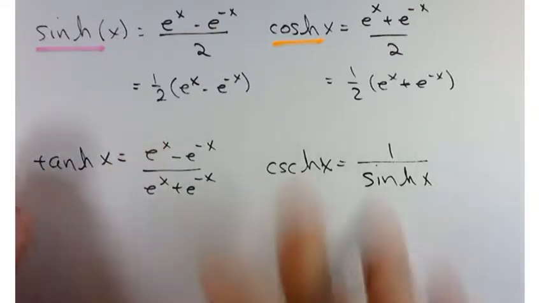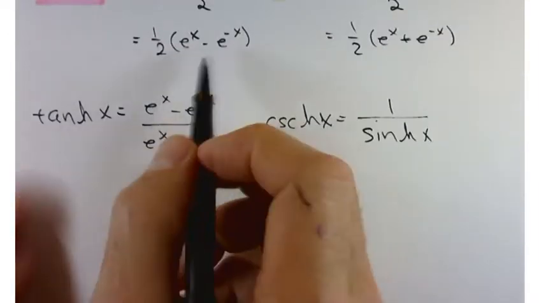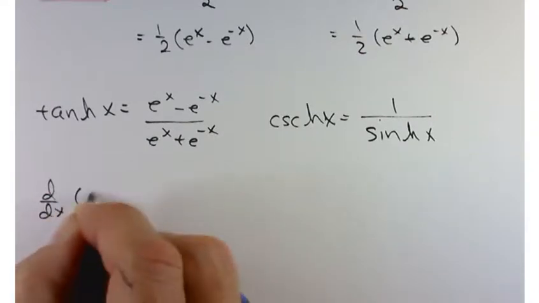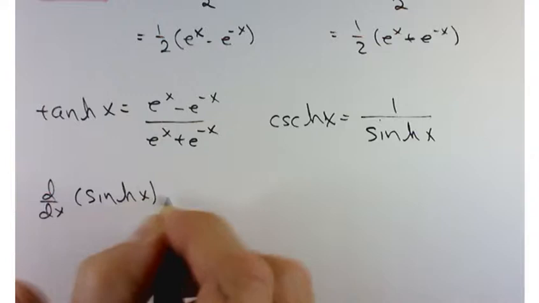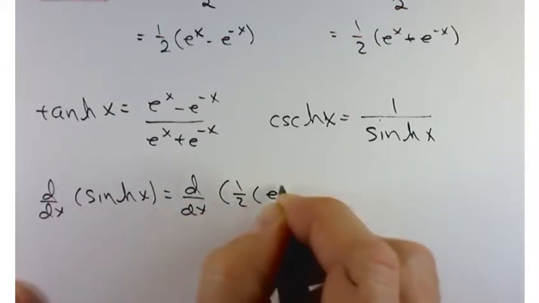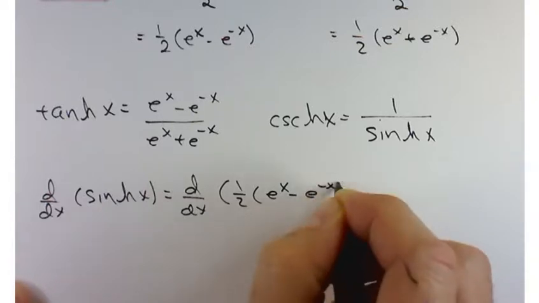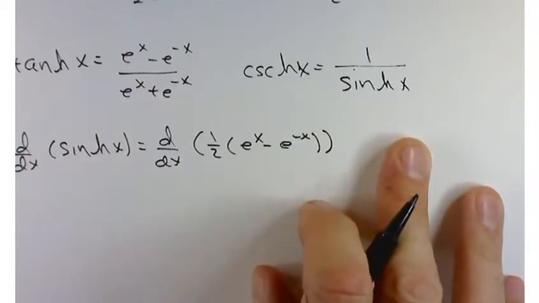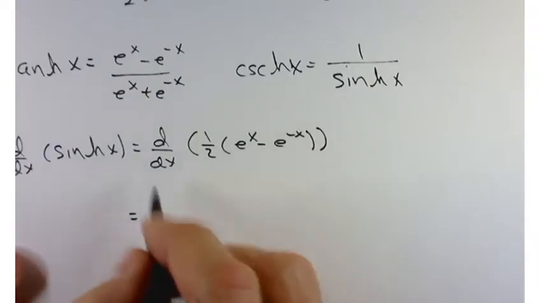One thing that you can see from this is some work with our derivatives. If I differentiate d by dx the hyperbolic sine, that's the derivative of 1/2 of e to the x minus e to the negative x. Well, the 1/2 is just a constant, so we can ignore that.